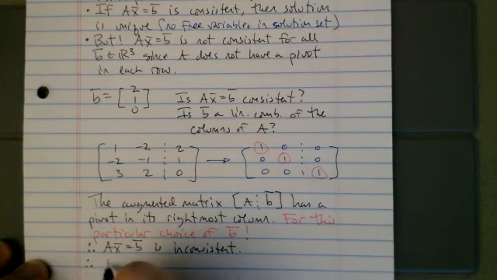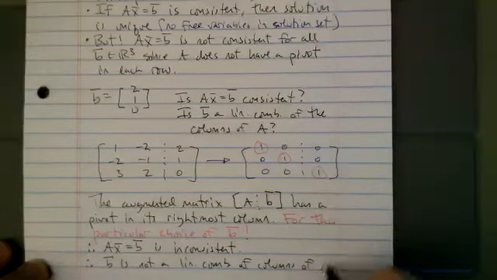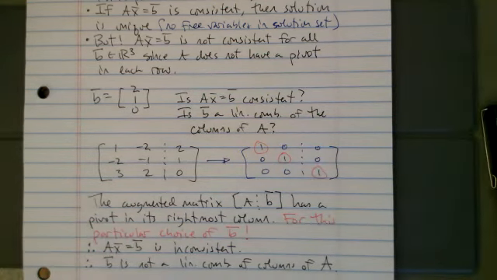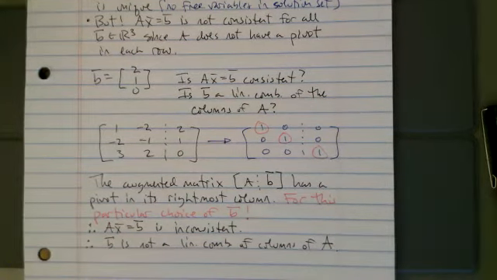Therefore, B is not a linear combination of the columns of A. Any questions? All right.